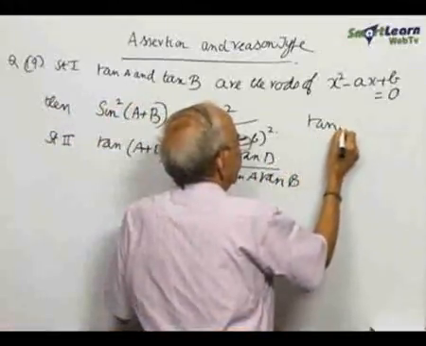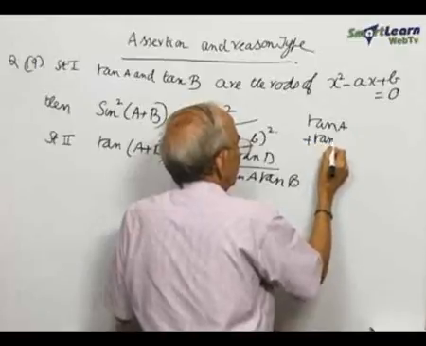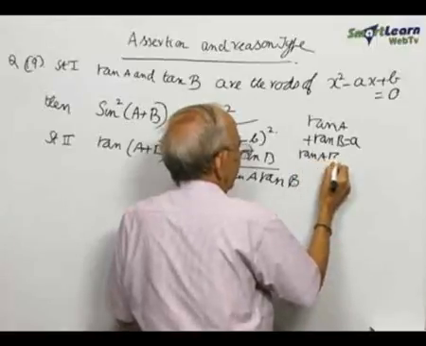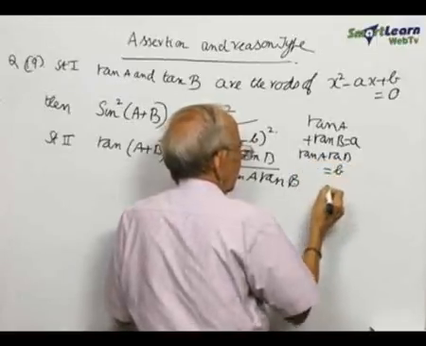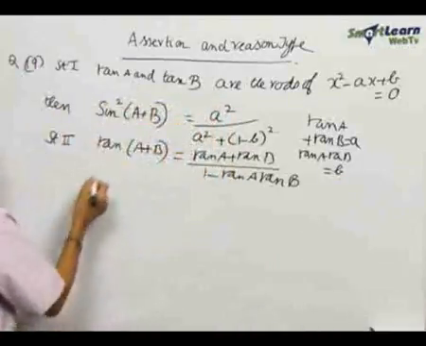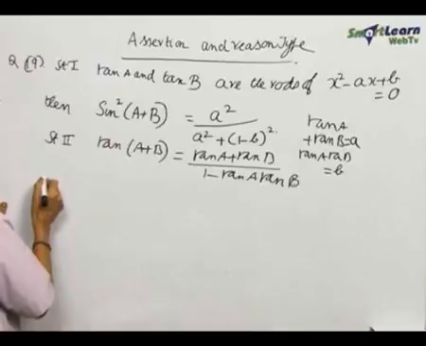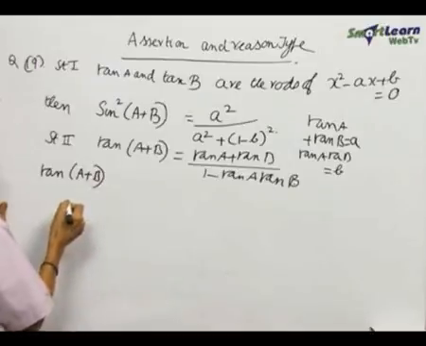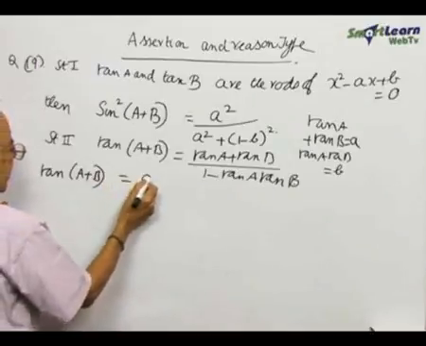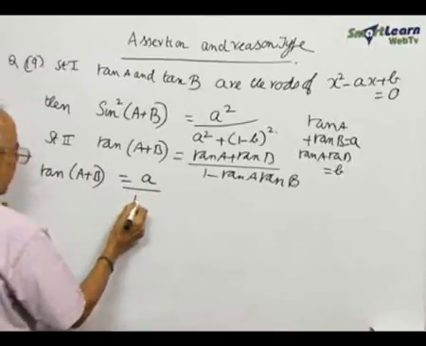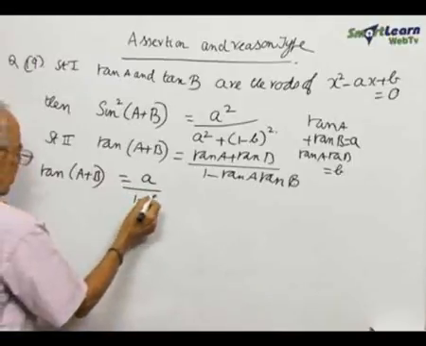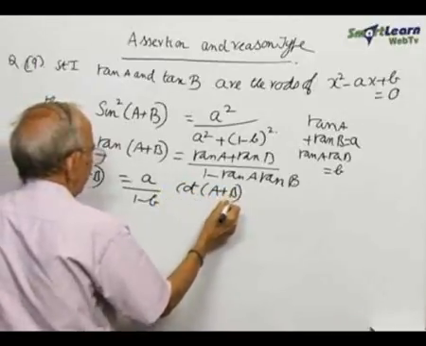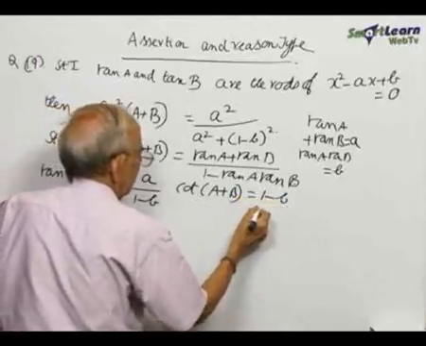Therefore, tan A plus tan B is equal to A, tan A tan B is equal to B. Substituting, tan of (A plus B) is A by 1 minus B.